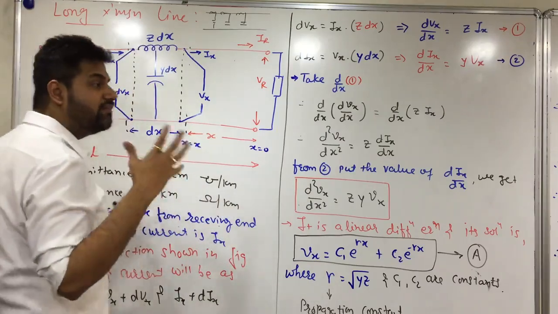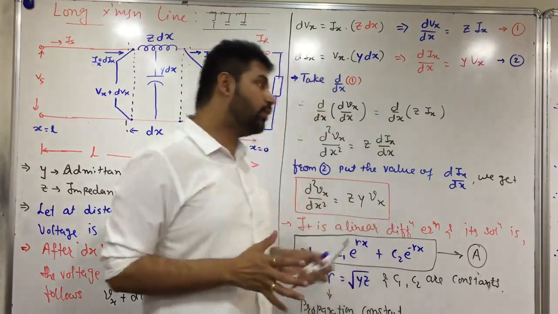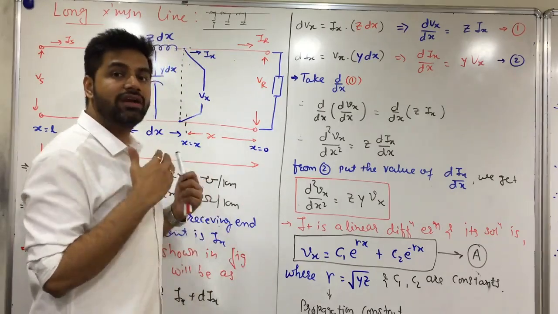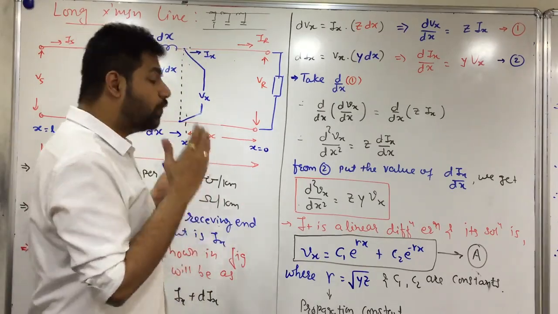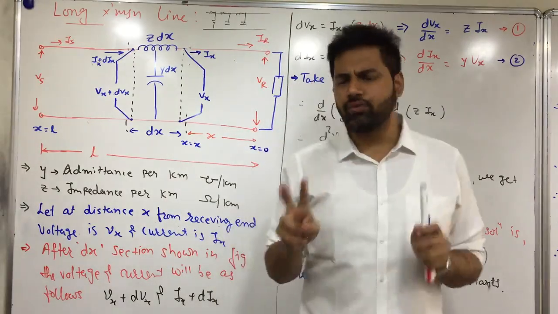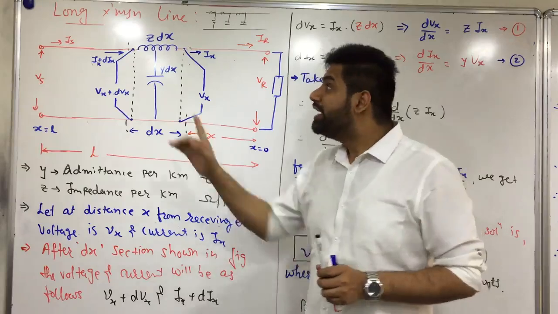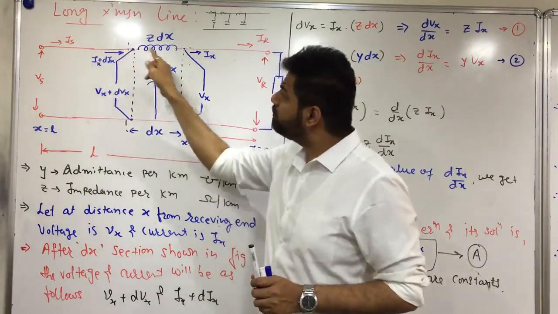So that's why we have to find a different methodology in which we model a transmission line where voltage and current both differ from point to point.